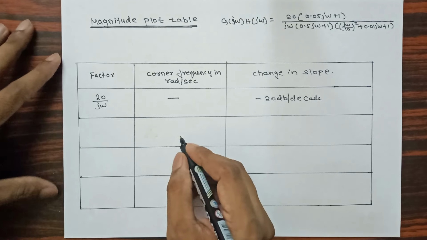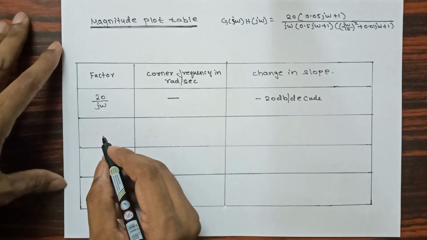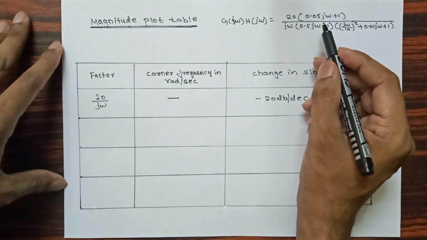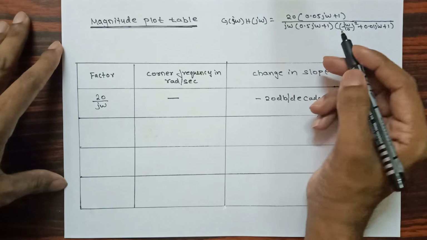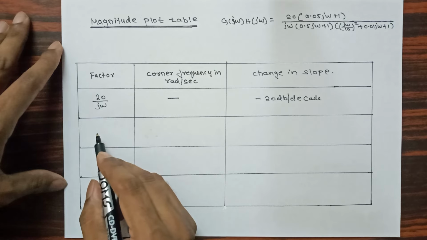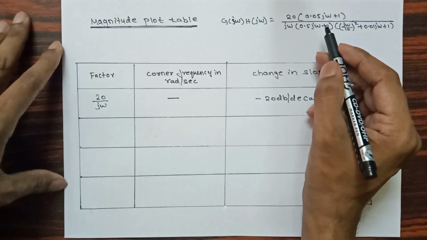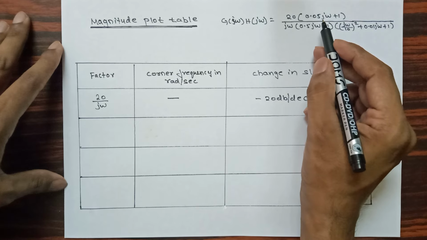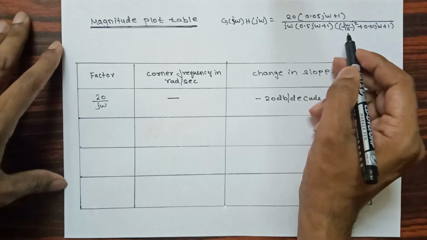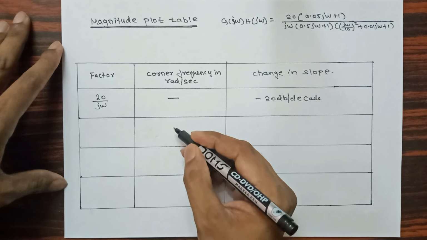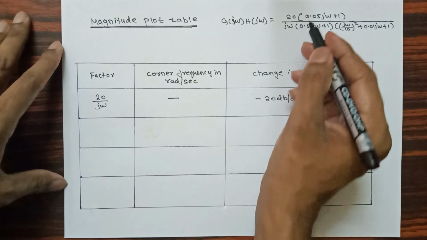Now we need to consider the second factor. The question is which factor we are going to consider. From this open loop transfer function we need to decide which term comes next, and we consider them in ascending order of omega.